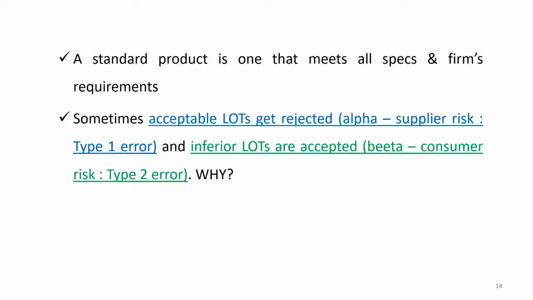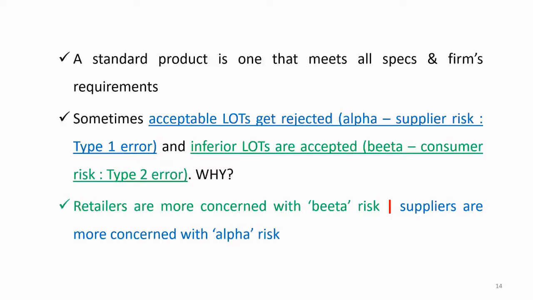And when the customer catches it, the penalties are very, very severe. Now, retailers are concerned with beta risk, as in wrong pieces going into the hands of the consumer. And suppliers are more concerned with the alpha risk, because the alpha risk is where your correct shipment will get rejected.